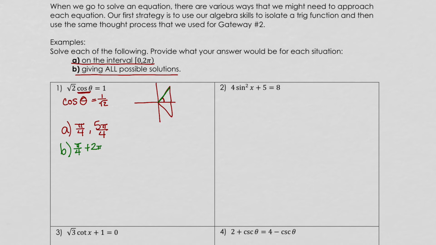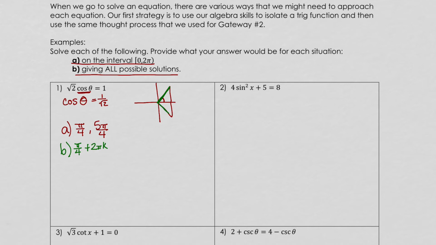So I could add 2 pi to it multiple times or a negative amount of times because I could go counterclockwise instead. So we're going to multiply it by a variable k. That will include every possible pi over 4 angle that could be included.